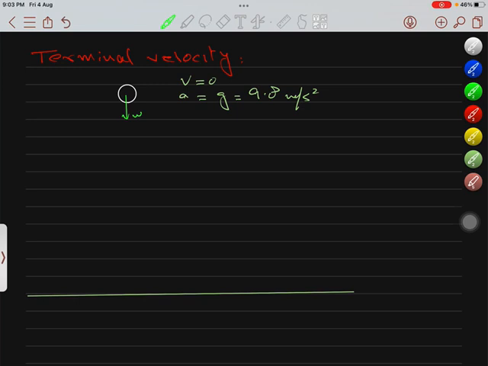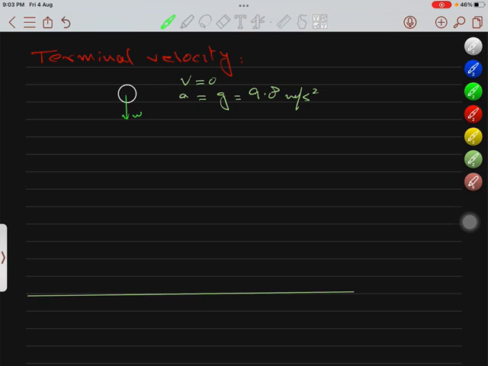But since we discussed that the initial velocity is 0, and in the absence of any speed, the air resistance will also be 0, because we discussed earlier that air resistance depends on the speed. More the speed, more will be the air resistance. So since the speed is 0 right now, the air resistance will also be 0.